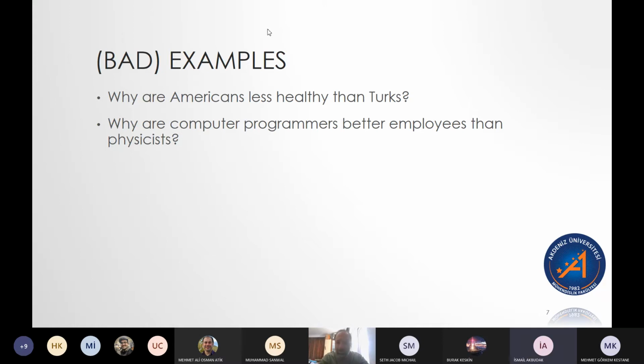Yeah, they're too generic. Like, what does healthy mean? Are we talking about physical health, mental health? There's all kinds of meanings of healthy, right?